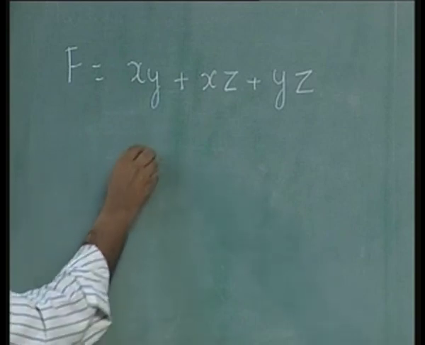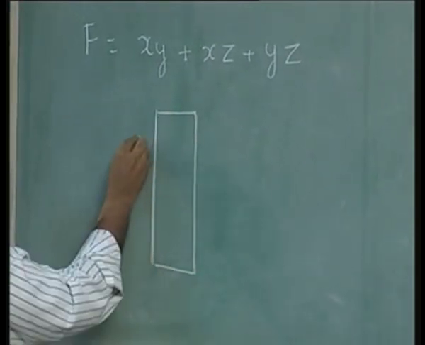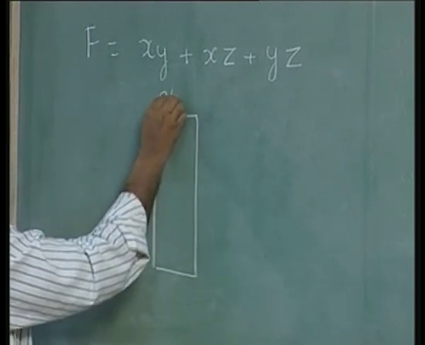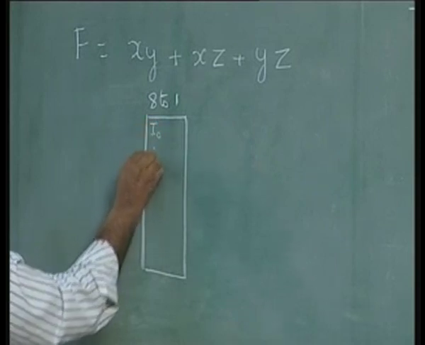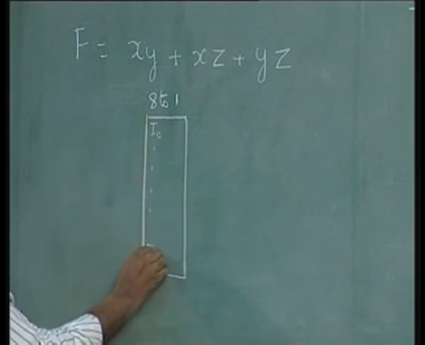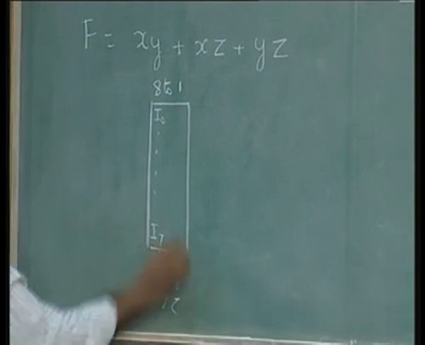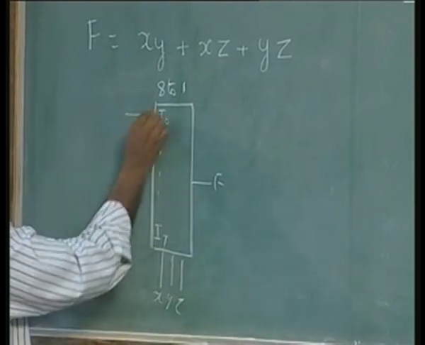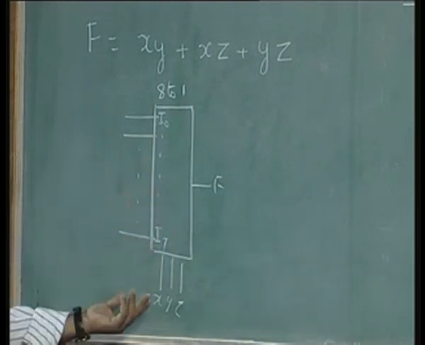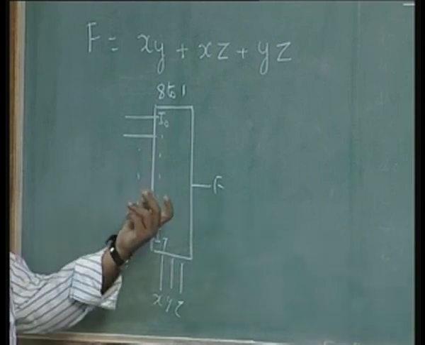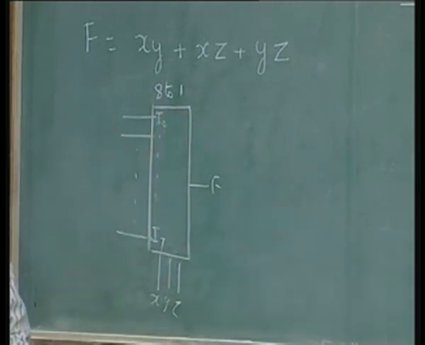So, normally I would say I will use an 8 to 1 mux with I0 to I7 and inputs x, y and z, output f. Then I can also say that you do not want to have an 8 to 1 multiplexer, can I reduce it to a 4 to 1 multiplexer and all that, as we did in the previous case.